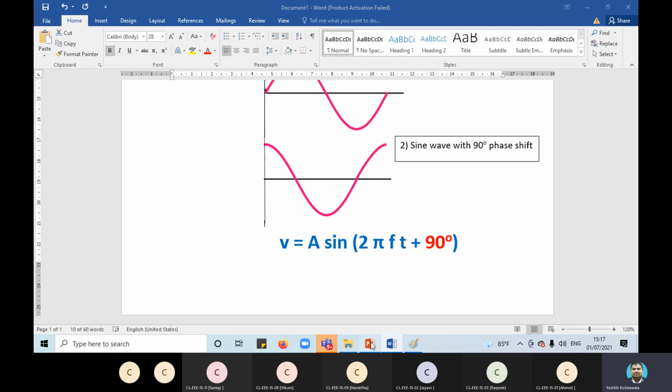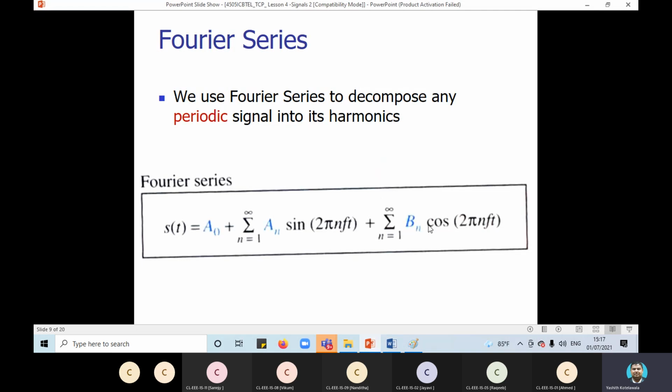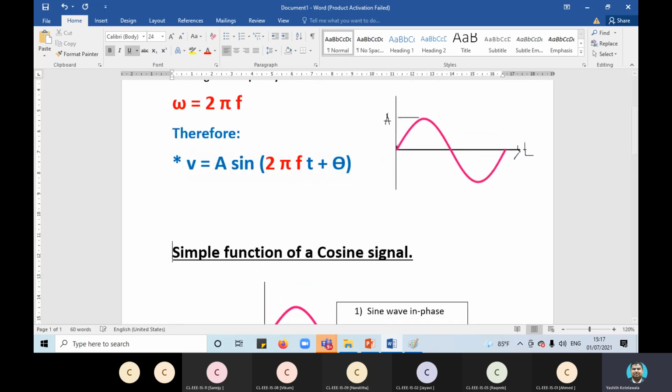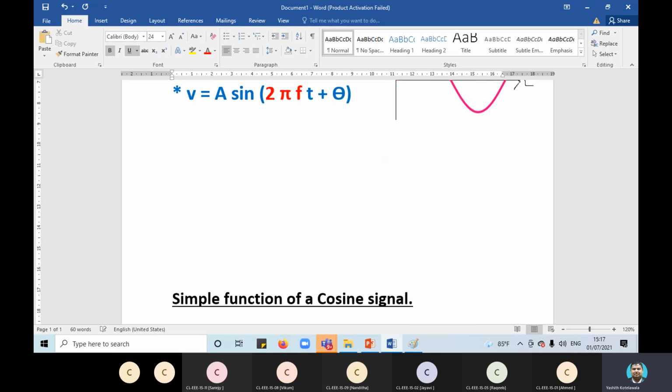Now we understood that. But still, in Fourier, if you go and check, we have cos 2 pi ft, no theta. But in this derivation, what you get, you understood, is still sine. Now, how come this sine becomes cos then? First of all, I will explain the wave parameters here for your reference.